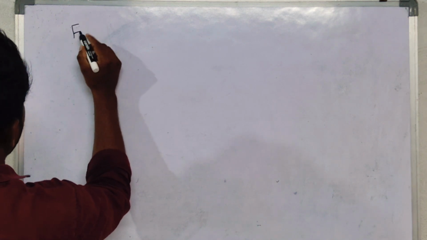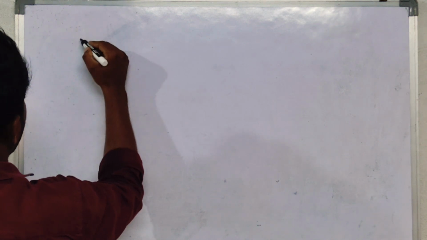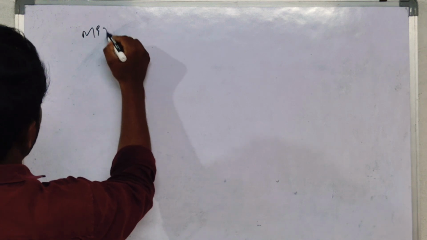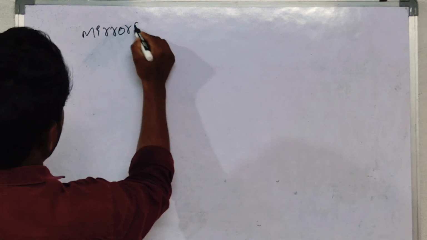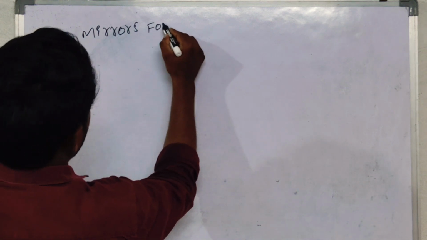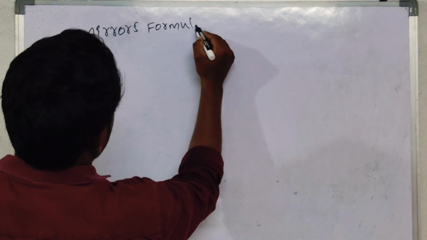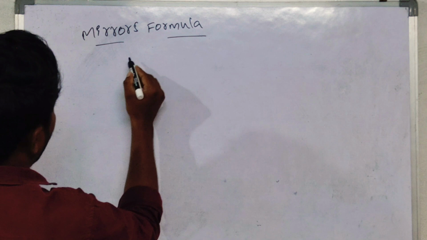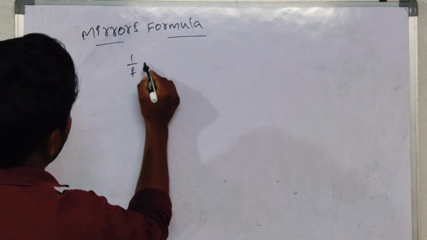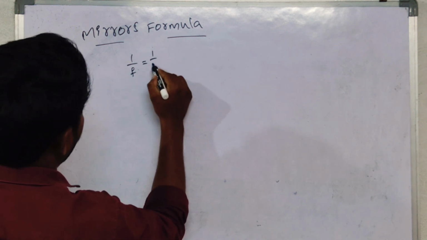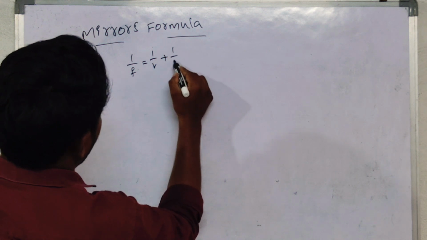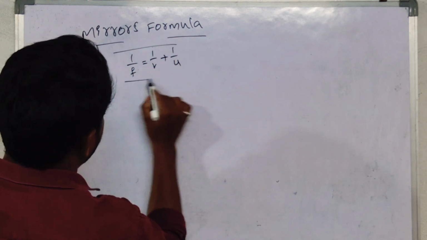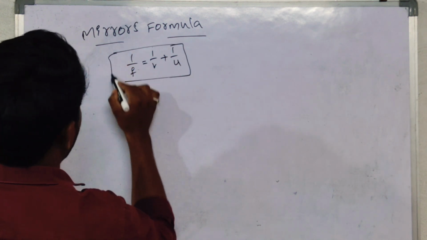So let me write the mirror formula. One by f equals one by v plus one by u. So this is the mirror formula.